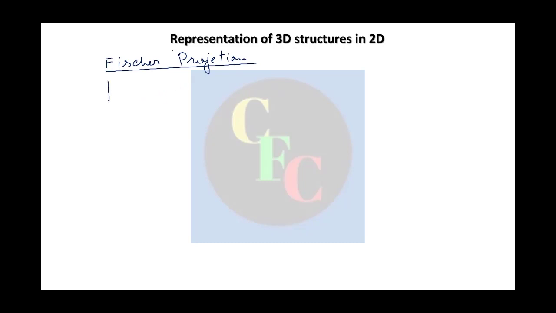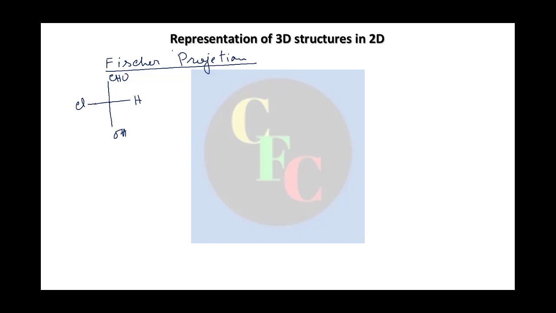Suppose it's drawn like this, Cl, H, suppose something like this, CHO. These are usually drawn for chiral compounds, designating a chiral carbon here. What is chiral and all that will come again later, but let us see what is the relation between Sawhorse and our Fischer projection, and how we can also convert them to Newman projections.